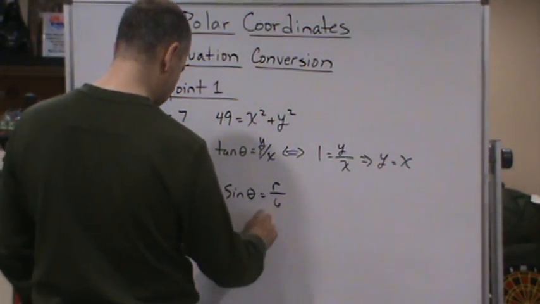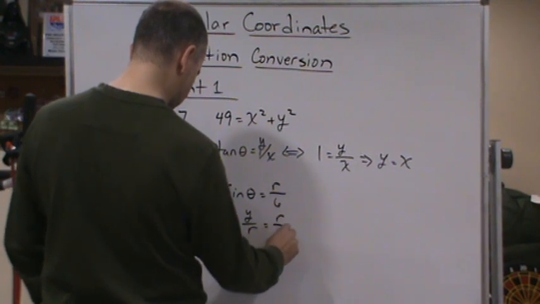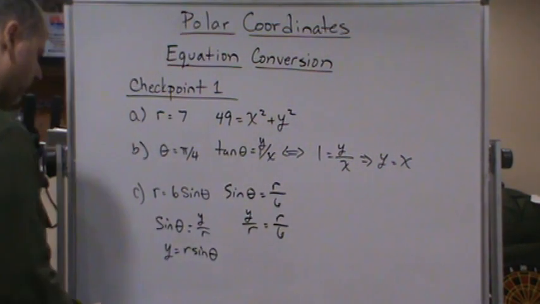So let's rewrite this as y over r equals r over 6.